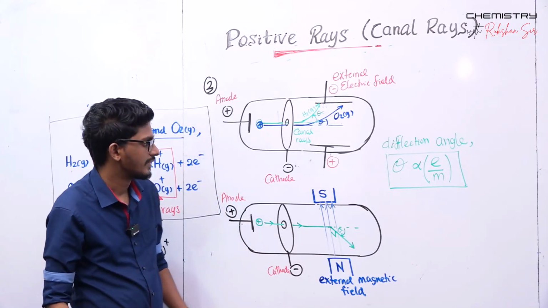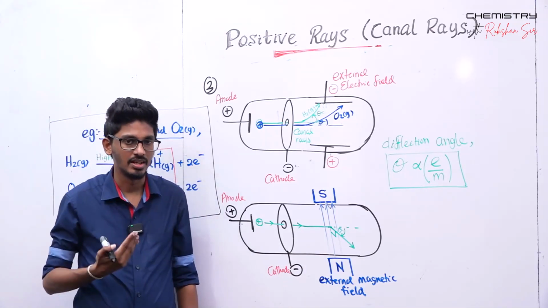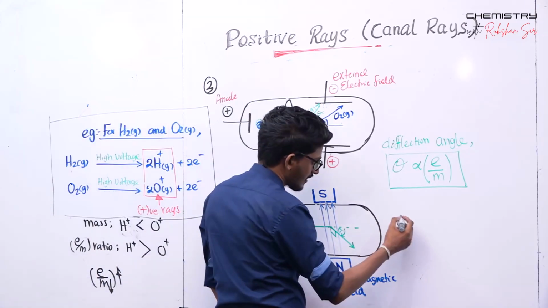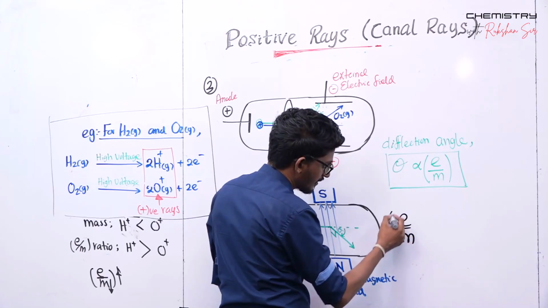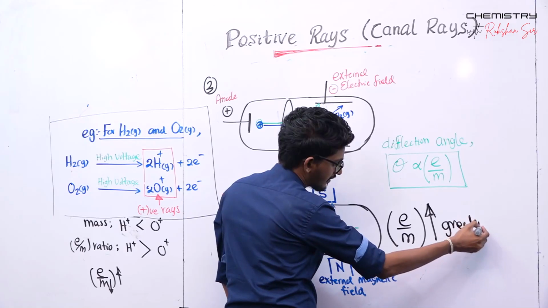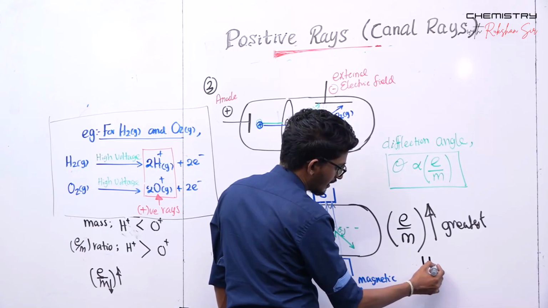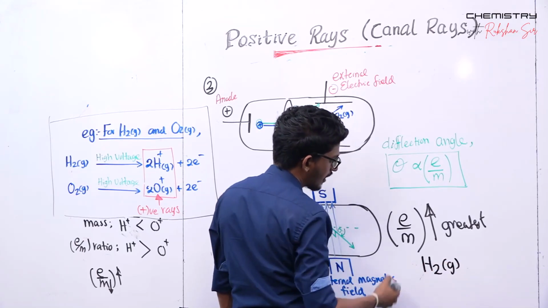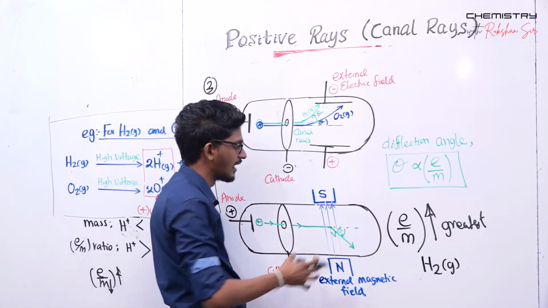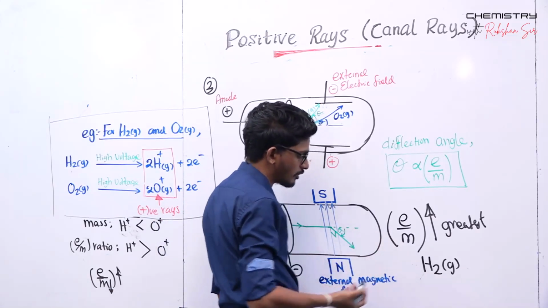After calculating for various gases, they found that the highest e/m ratio, the highest deviation angle, was observed when H2 gas was in the tube.